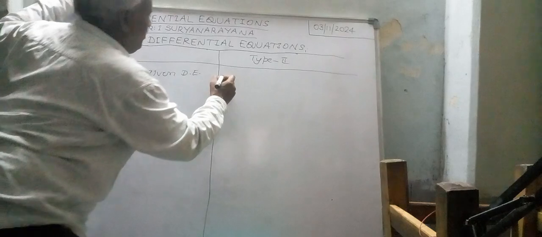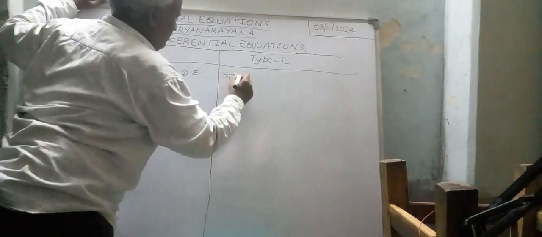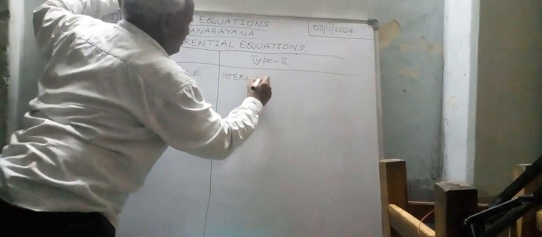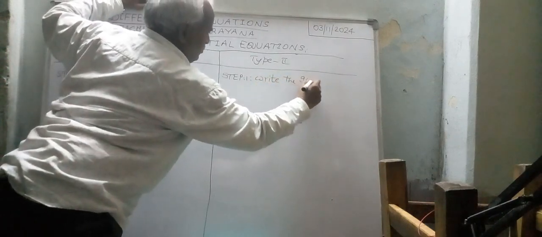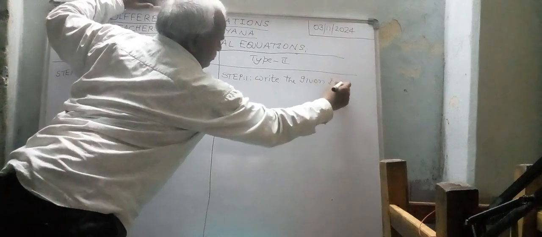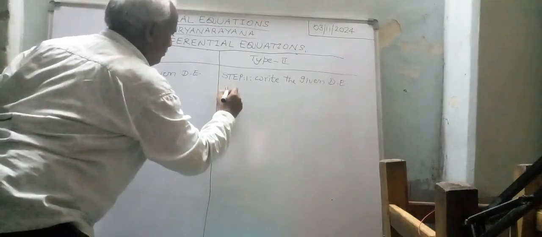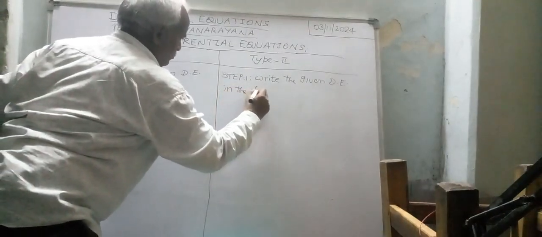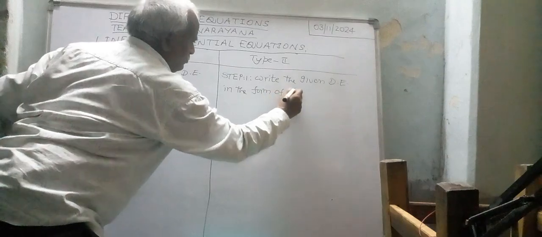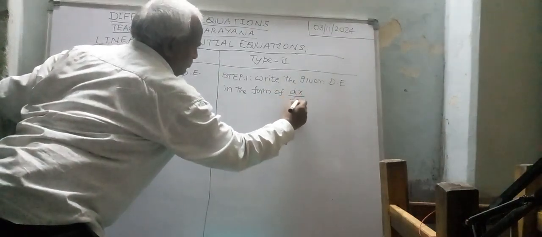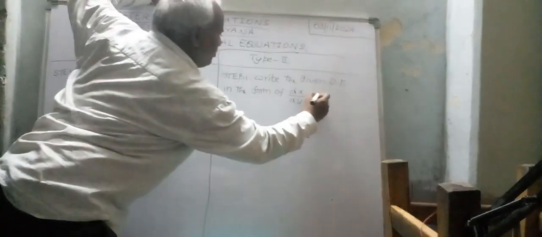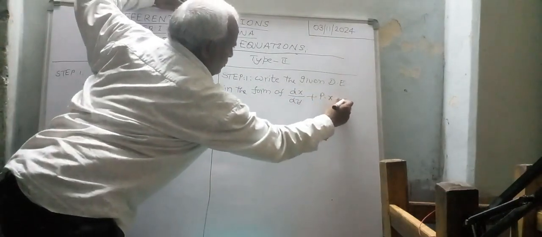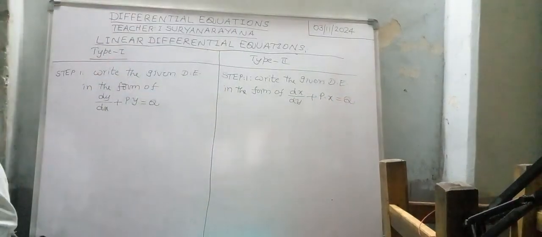Similarly, here also we follow the same step. Step 1, write the given differential equation in the form of dx by dy plus p into x is equal to q.